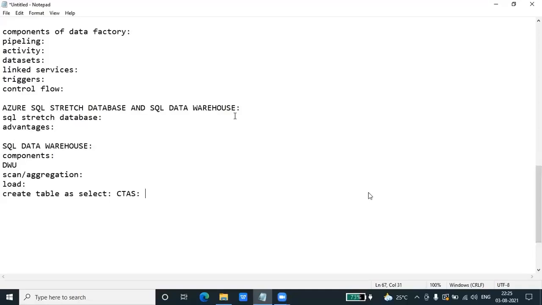Next is platform as a service. This service provides an on-demand environment for developing, testing, delivering, and managing the software applications.